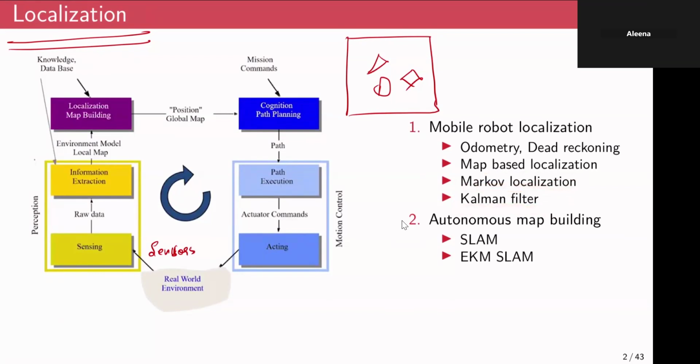There is also a separate scheme called autonomous map building, where the map building as well as localization happen simultaneously. So no map is preloaded into the robot. As it moves through the environment, it creates a map of its own. You might have seen the vacuum cleaner robots, such as the Roombas.